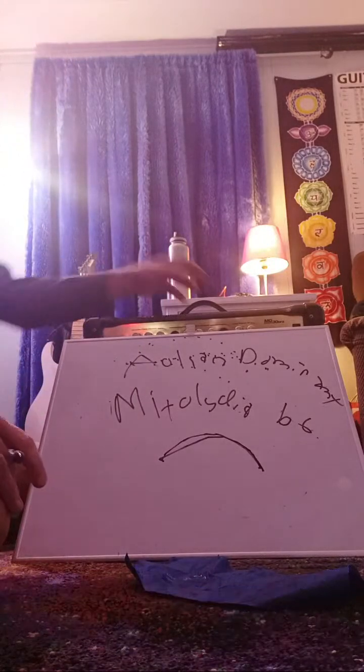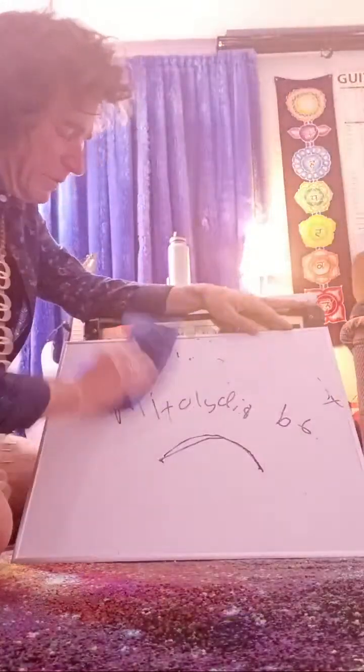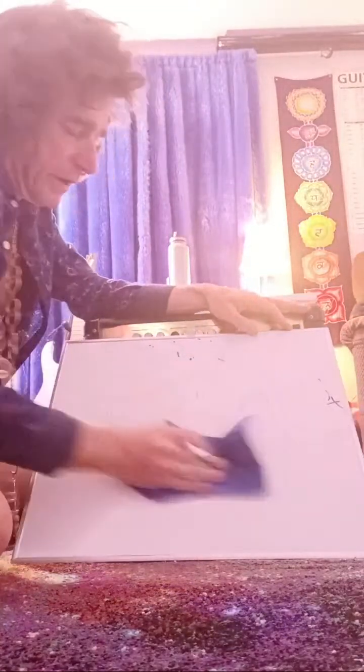So the melodic minor scale can be thought of in two different ways. I'm just throwing this in there.